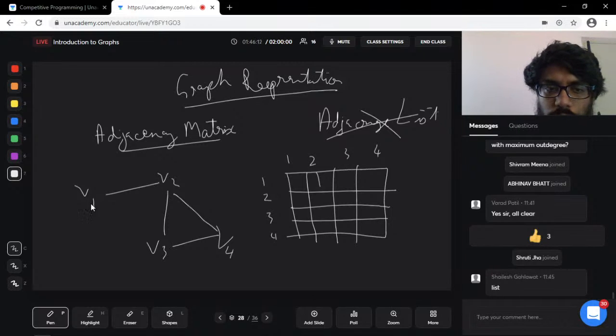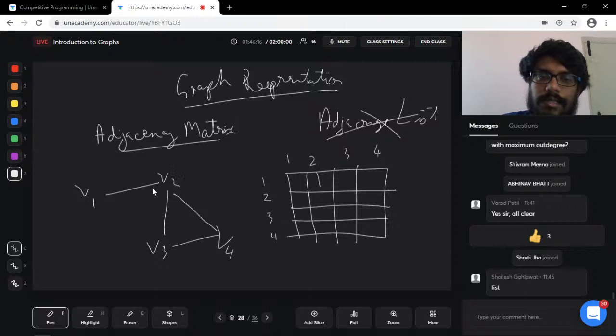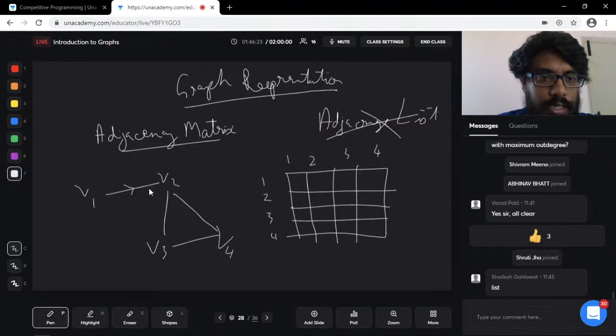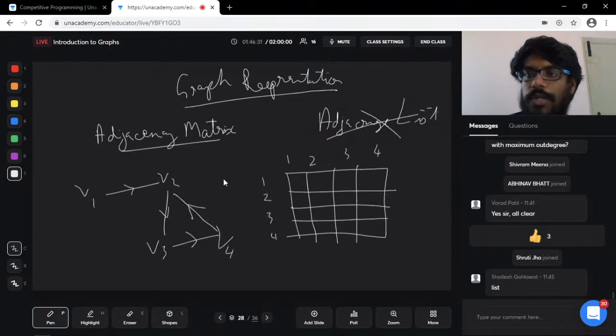Similarly, I can go from V1 to V2. There's an edge from V1 to V2, right? In a sense. Or maybe for now let's think of it as directed edges. Maybe that will be easier to understand. Let's take a directed unweighted graph. Okay. So now there is an edge from V1 to V2.